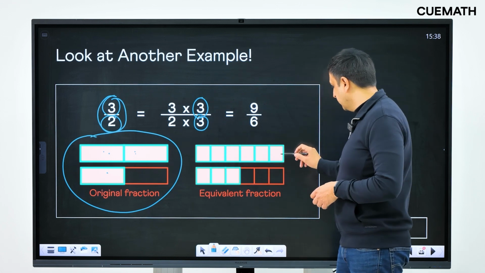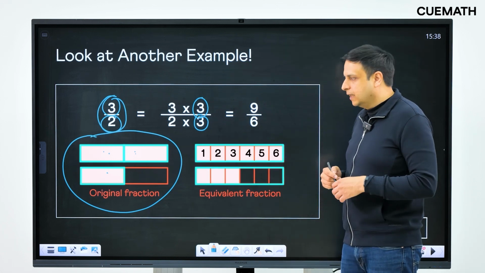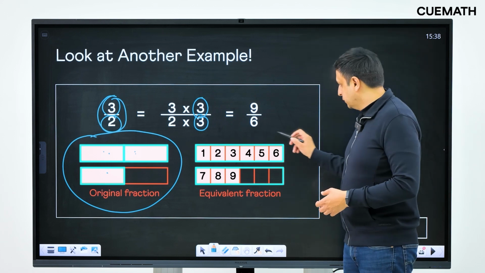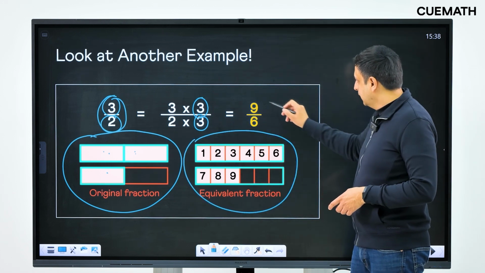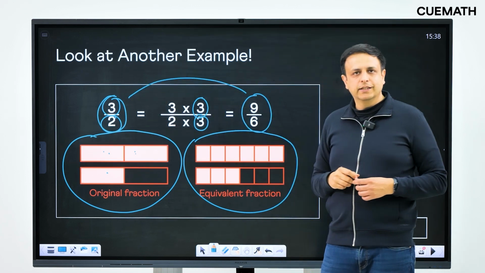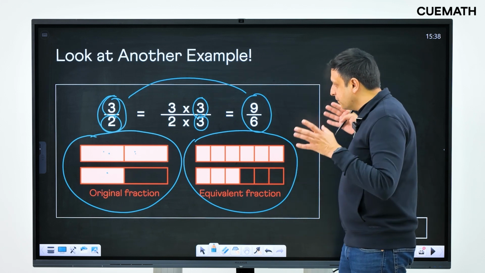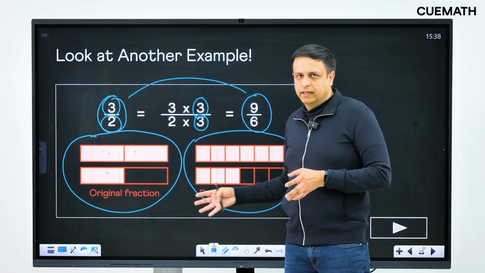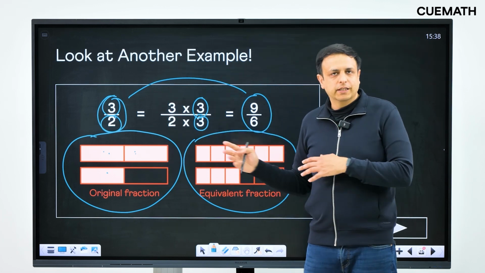As you can see here, each whole is now divided into 6 equal parts and 9 parts are shaded. So this picture represents the fraction 9 over 6. It's a new fraction, but it is equivalent to the original fraction 3 over 2 because as a portion of the whole, the same portion is shaded. So 9 over 6 is equivalent to 3 over 2.